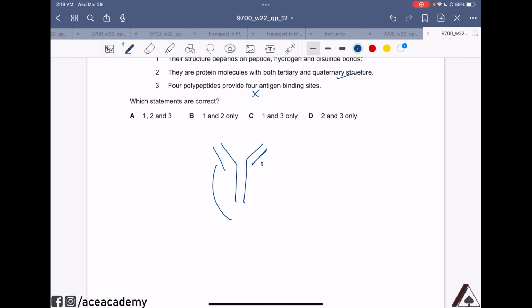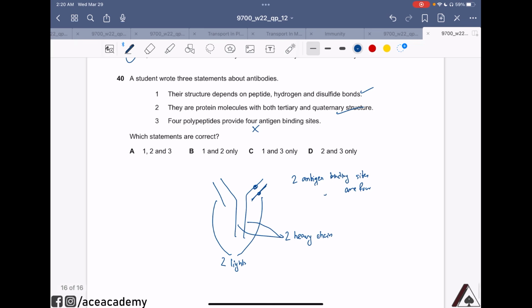There are two light chains and two heavy chains, and then two antigen binding sites are formed, not four, and they are formed from one light chain and one heavy chain. So just one and two are correct, which is B.